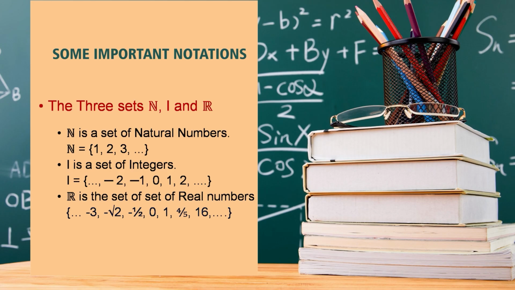So these three are represented as N for the set of natural numbers, I for the set of integers, and R for the set of real numbers.